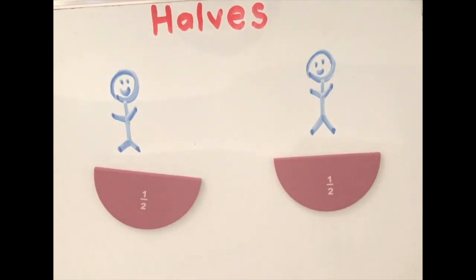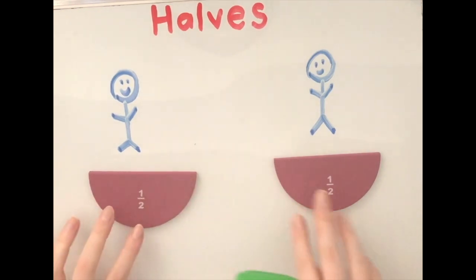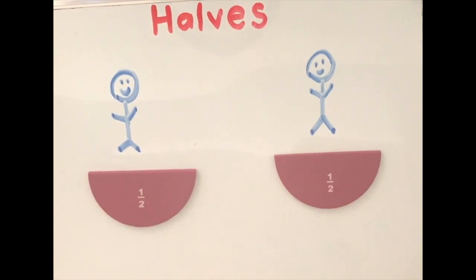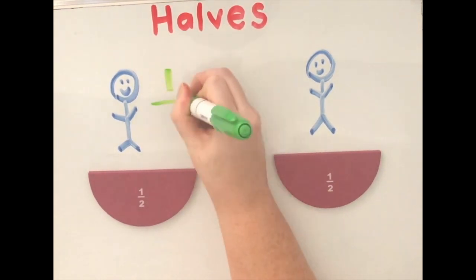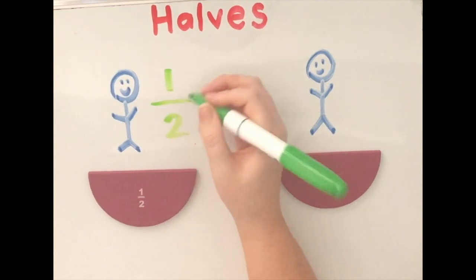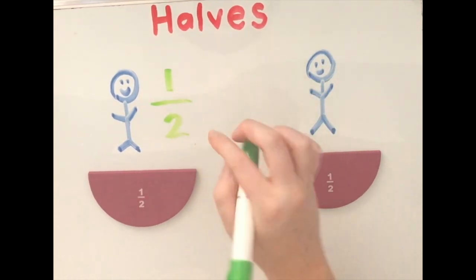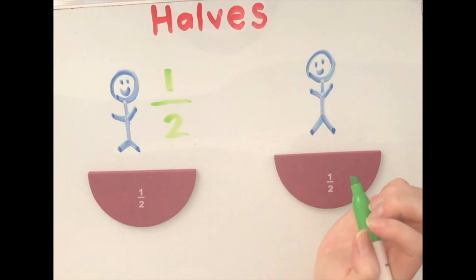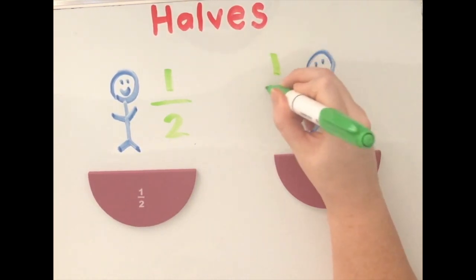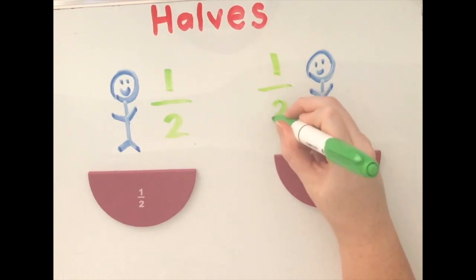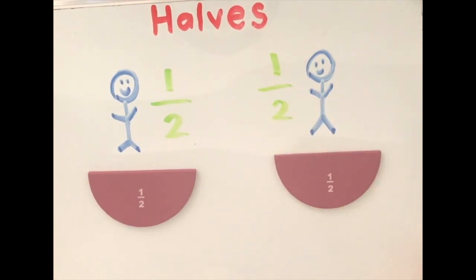Now, how do we write halves? As you know, we split our cake into 2 equal pieces. Tom has 1 out of 2 pieces, 1/2. This line means out of, and Jerry has 1 out of 2 pieces.